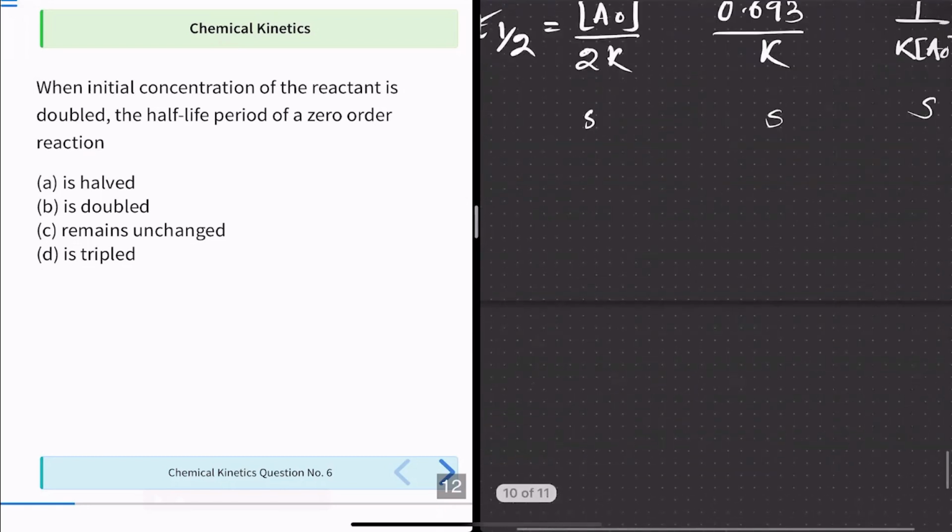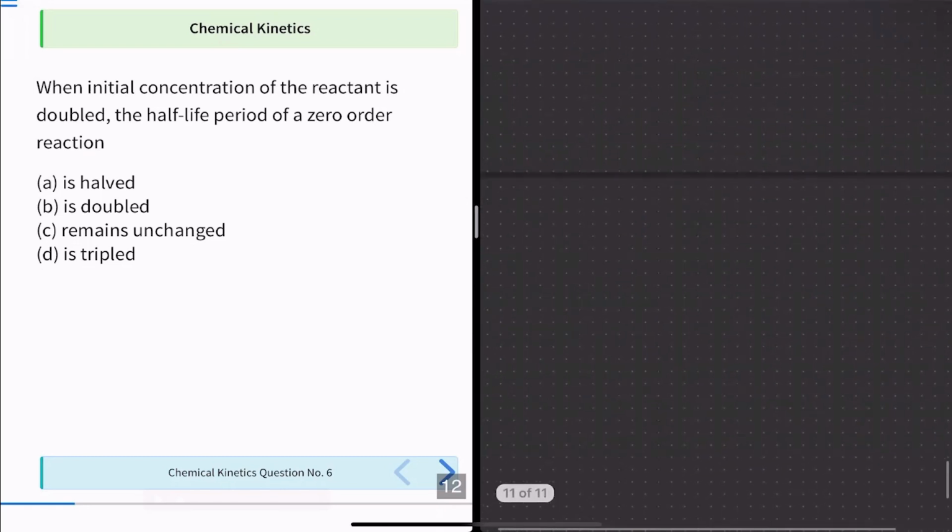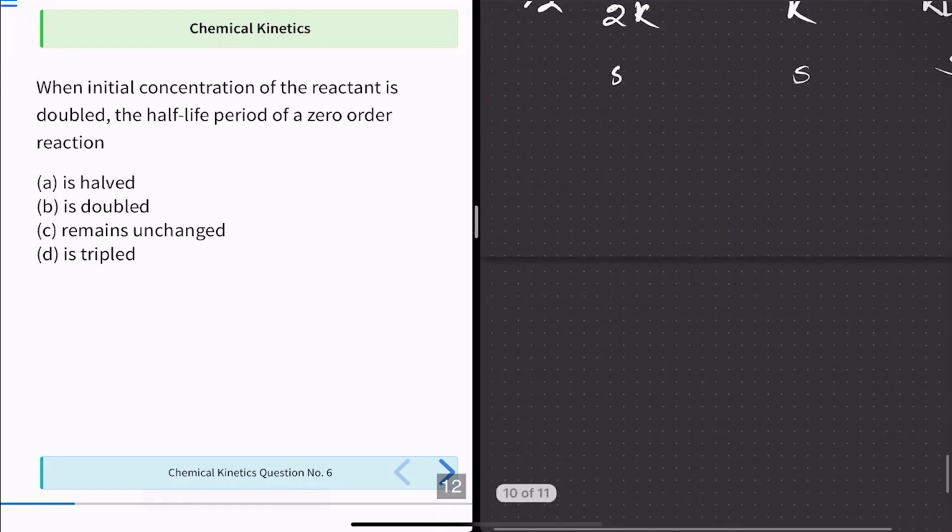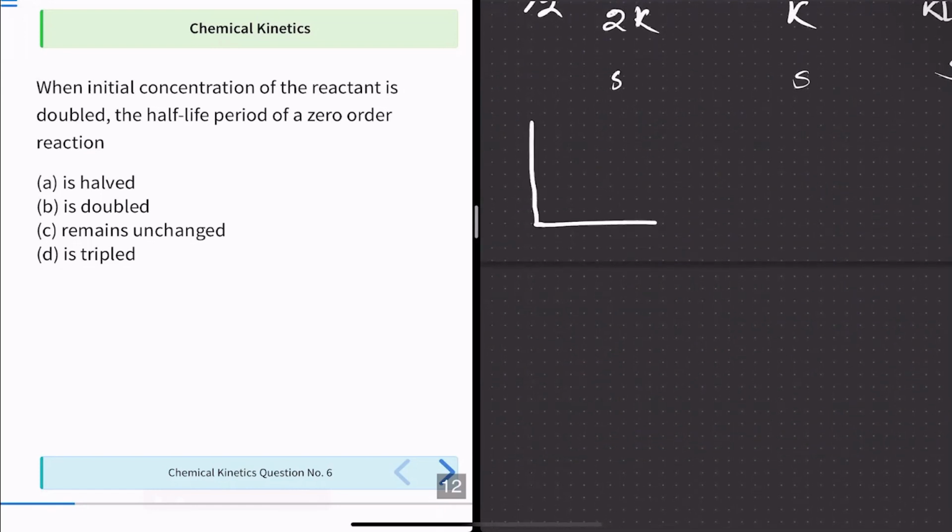Let's draw the graphs also, T half and initial concentration graphs. For zero order reaction, concentration and T half, it would be a linear increasing graph.